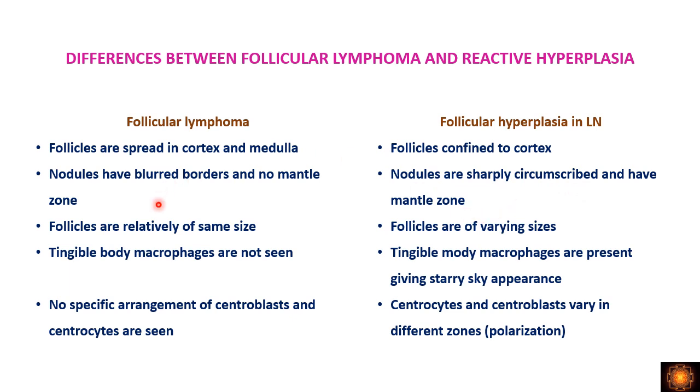Follicles are relatively the same size in the lymphoma, whereas they are of varying sizes in hyperplasia. Tingible body macrophages are not seen in follicular lymphoma, whereas they are present in hyperplasia, giving a starry sky appearance. And there is no specific arrangement of centroblasts and centrocytes, that is, polarization is not there, whereas in hyperplasia we have polarization with the dark zone and the light zone. So these are the differences between follicular lymphoma and follicular hyperplasia in the lymph node.